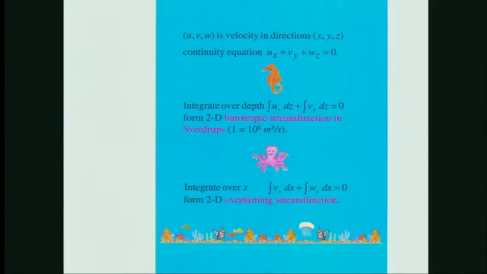If you integrate over depth, then you lose the vertical velocity because it is 0 at the top and bottom, and you have a balance here between du dx and dv dy. This is called the barotropic stream function, and it's measured in Sverdrups. It's a measure of how much depth-integrated water is going round and round in the ocean, so the wind-driven circulation.